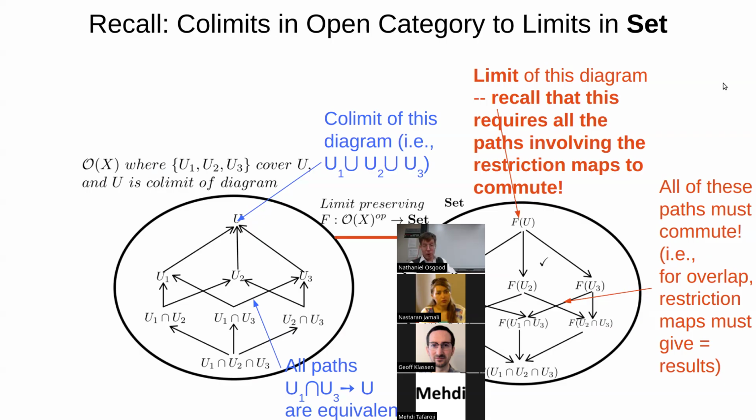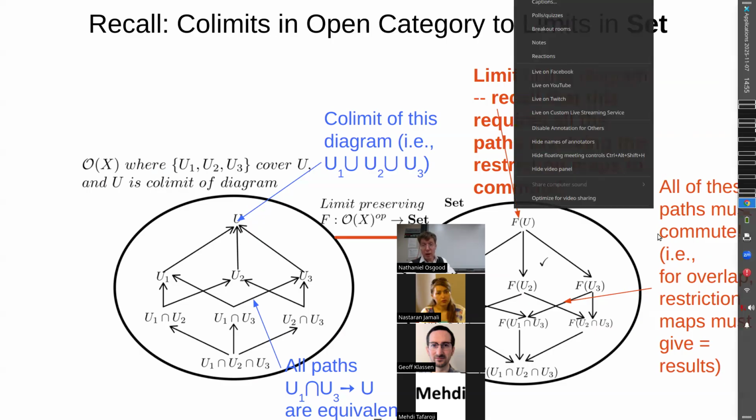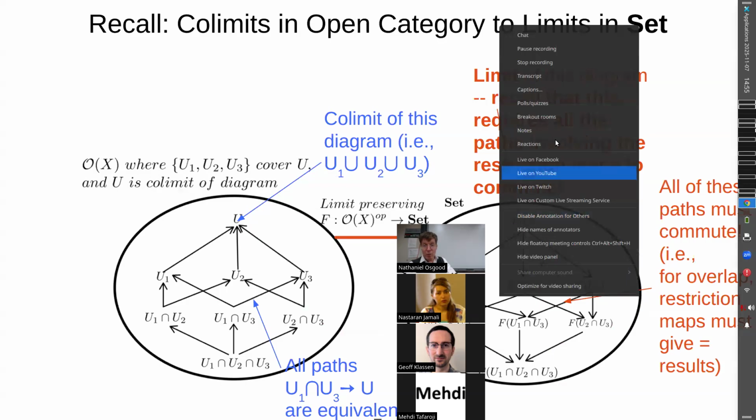Just to let you know where we're going, we may read a little bit more in this chapter, but after that we're going to be discussing Grothendieck topology. You saw today abstract simplicial complexes, simplicial topology.